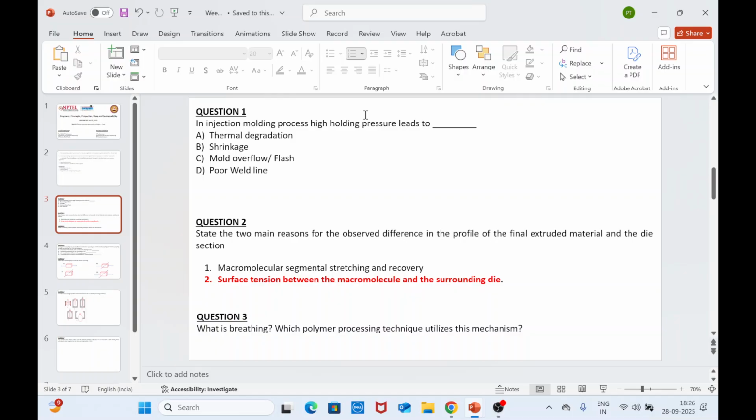When something is getting crushed or shrunk, what will happen?